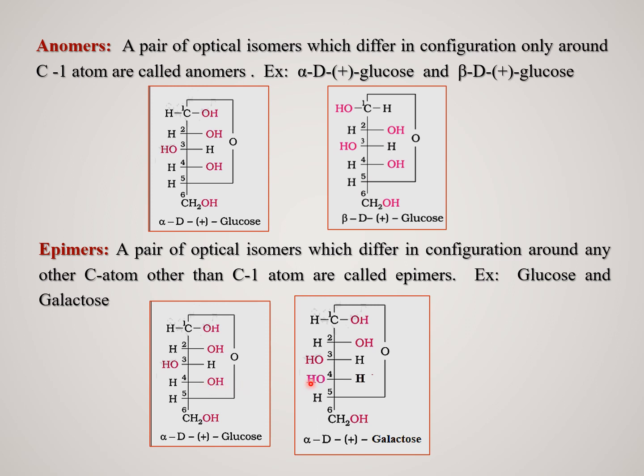In the case of galactose, OH is to the left, H is to the right. So this is what you are observing in alpha D plus galactose. It differs in the configuration of carbon number 4 from glucose. So alpha D plus glucose and alpha D plus galactose are epimers of each other.